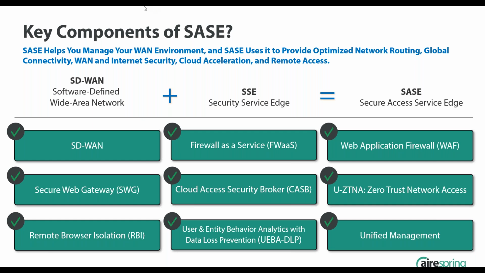So zero trust network access. It ensures the identity of every user and device before accessing those cloud applications, okay, if that makes sense. So multi-factor authentication, making sure that you are who you say you are and you are accessing what you are entitled to access. And then RBI, which is remote browser isolation.